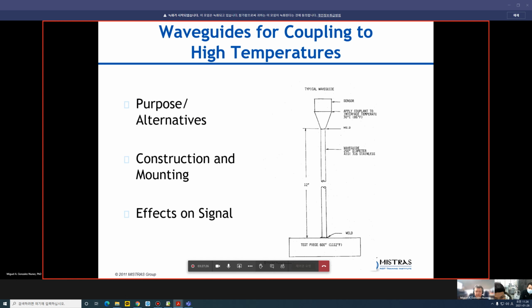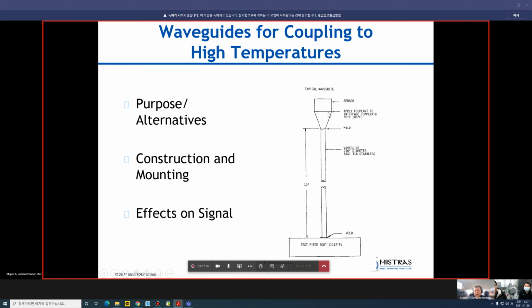And this is another technique to mount the sensor by using a waveguide. These are basically used for high temperature applications. Basically, it's just a metallic rod of a specific length, like 30 centimeters.